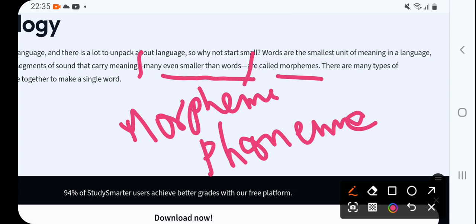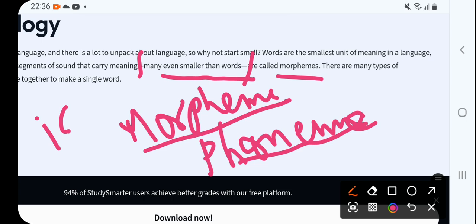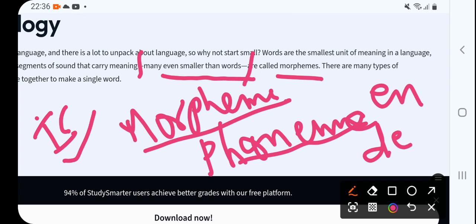Some of these are words, but some groups of letters are not. 'I' is a word, but 'in', 'd', 'shun' are morphemes.